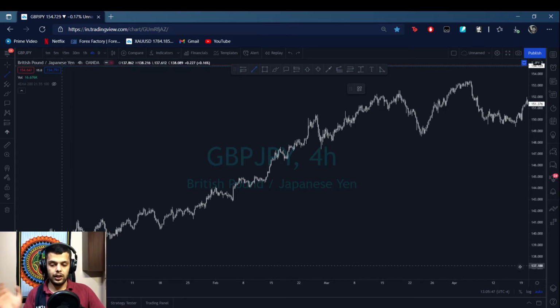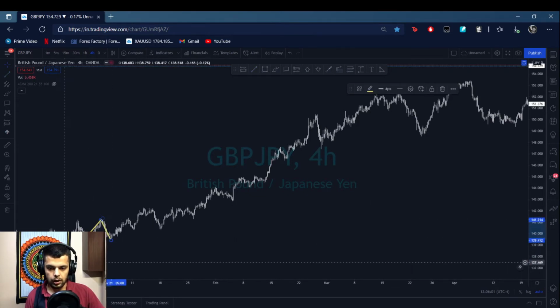So basically, to read if it's an upward trend, you can use the higher highs, higher lows strategy. If the market is going like this, it's making, from a low, a higher high, then a higher low, because the earlier low was over here. After this the market makes another higher high.